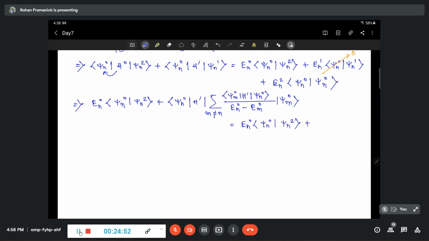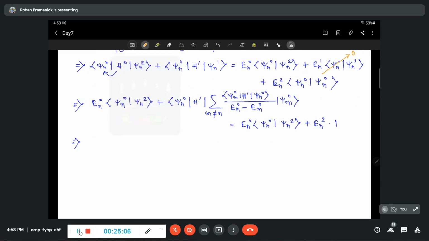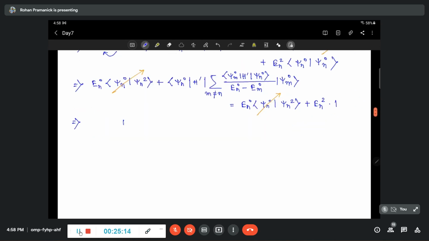Then on the right hand side we have En0 psi n0 psi n2 plus our required part. This psi n0 is 1, because they are orthonormal eigenstates. Now you see there is a cancellation between the left hand side and right hand side. This cancels with this, and we are left with what we want.